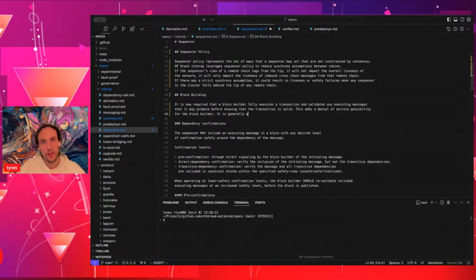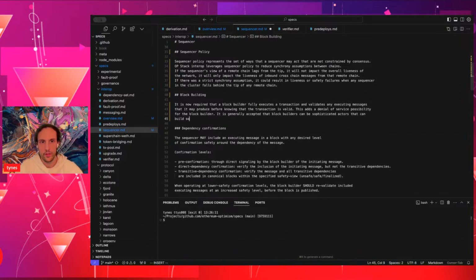It is generally accepted that block builders can be heavy, sophisticated actors that can build solutions for this sort of problem.